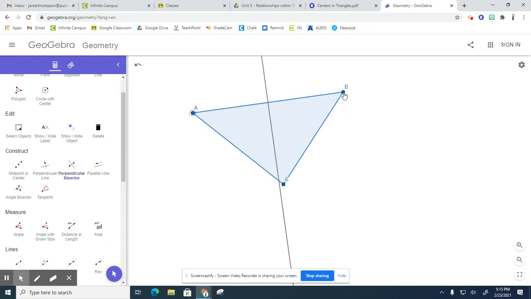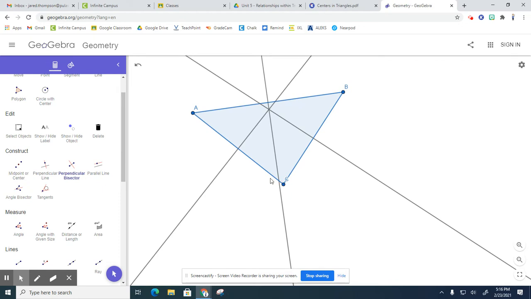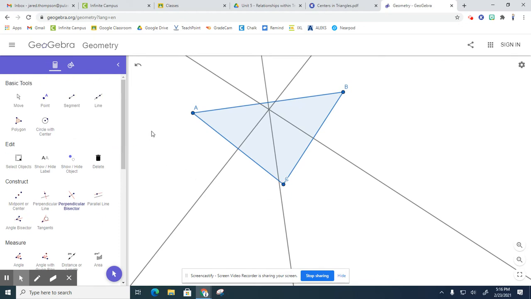So I'm going to make it for that side, make it for this side, and then make it for this one. Notice that all 3 of those perpendicular bisectors meet right here at this point that I'm going to point out and call it D.